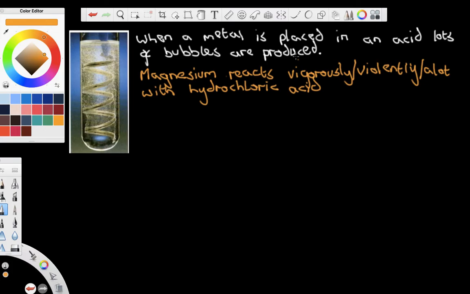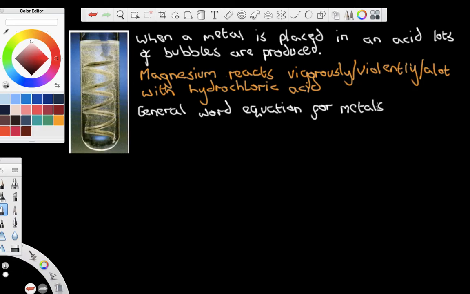Now, we can write a word equation to show how metals react with acid. So I would like you to put the subheading, please, general word equation for metals reacting with acids.